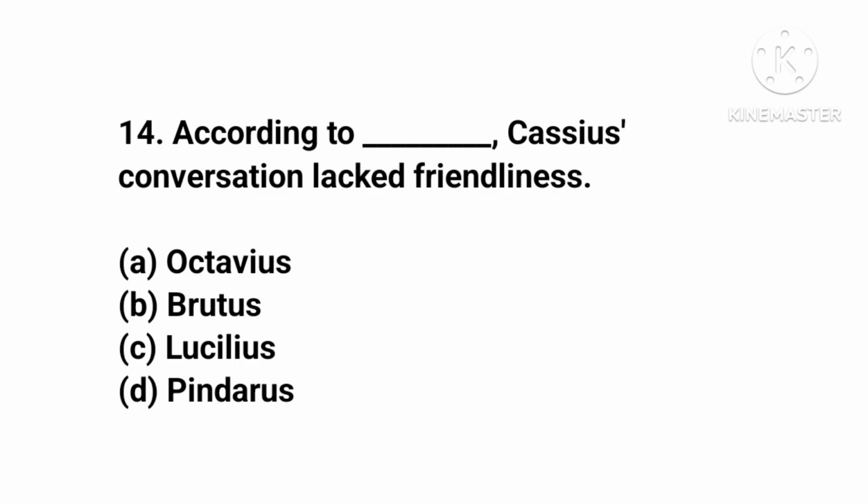So Cassius has changed. He has changed because of some reasons of his own, or maybe by the influence of evil, ill officers. So tell me, who thought that Cassius's conversation, his conference, lacked the friendship that it had before?